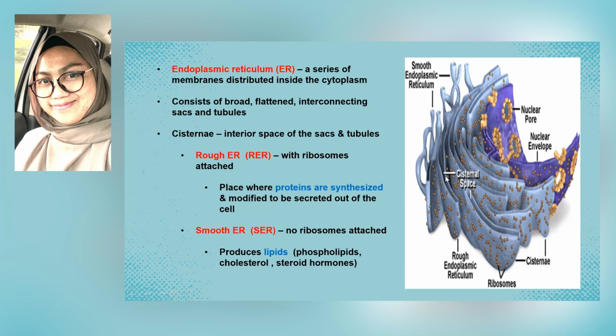The interspace of the sacs and tubules is divided into the rough endoplasmic reticulum, with ribosomes attached, which is where proteins are synthesized and modified to be secreted out of the cell. And the smooth endoplasmic reticulum has no ribosomes attached. Its function is to produce lipids, phospholipids, cholesterol, and steroid hormones.